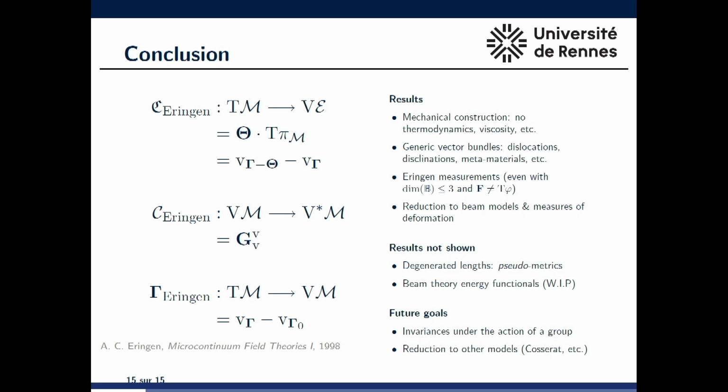Cosserat is just you have the three vectors attached to any point of the macro medium, and the idea is just to look at the deformation of this triad of vectors along the deformation of the body. So we have two deformations: the deformation in the macro medium and the deformation in the fiber.